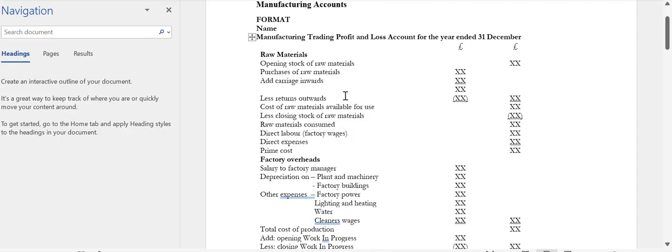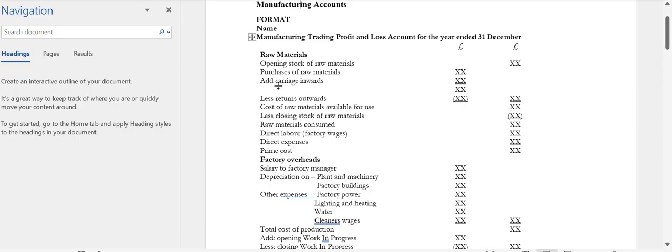This is the format for manufacturing account. You can see we are starting with the direct costs. Under direct costs, we said we have direct material. So direct material is made up of the opening stock of raw material, the purchases of raw material.